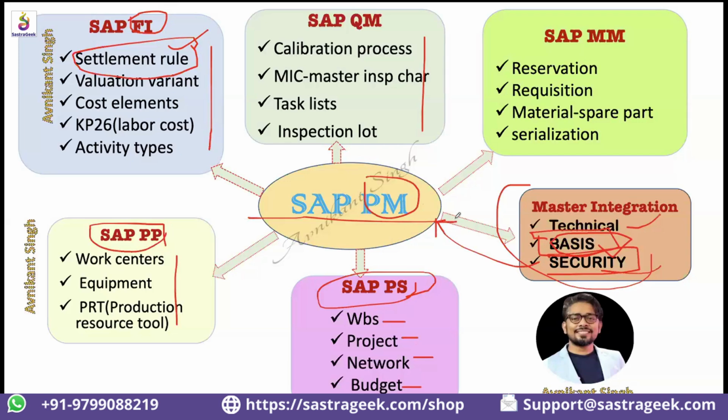That is not to be done. Or let's say what cost we are allocating, what labor was working, who the crew members are, and their qualifications. We cannot publish that to everyone. So that's where security comes into the picture. A technician, the person who is going to do the real activity, should not get access to do the planning, because he's not qualified enough to do the planning. So he will be given only the transaction access related to his core activities. I'll be defining how this should be done. Every consultant should know how PM security runs.